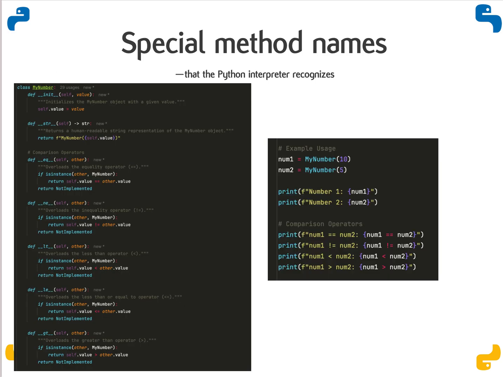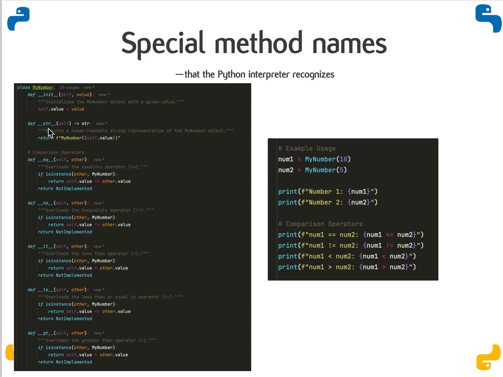So let's look at some key examples from our MyNumber class. The dunder init method is our constructor. It is automatically called to initialize the object's value.